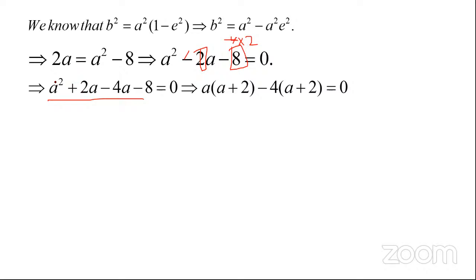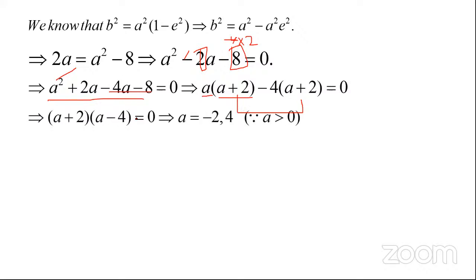Taking a common, a of (a plus 2), and minus 4 common, minus 4 of (a plus 2) equal to 0. Then (a plus 2)(a minus 4) equal to 0. So a value is minus 2 or 4.